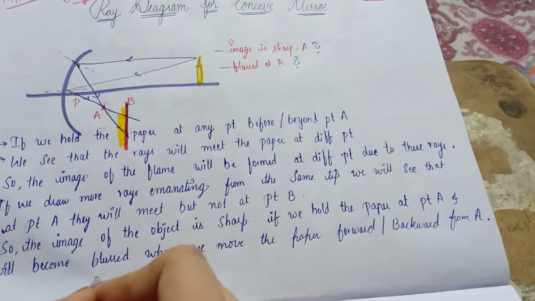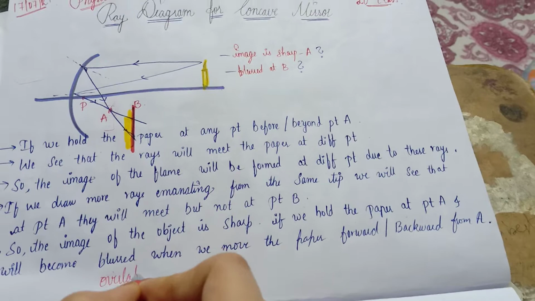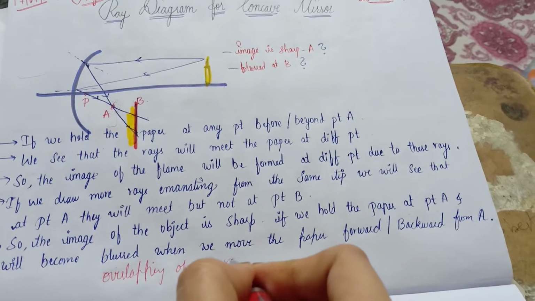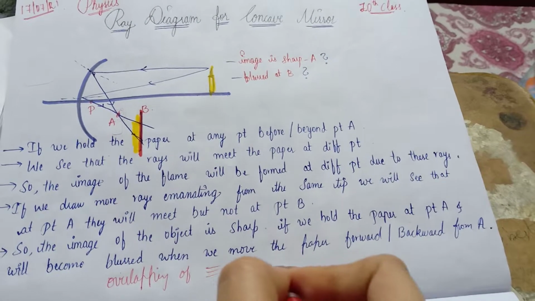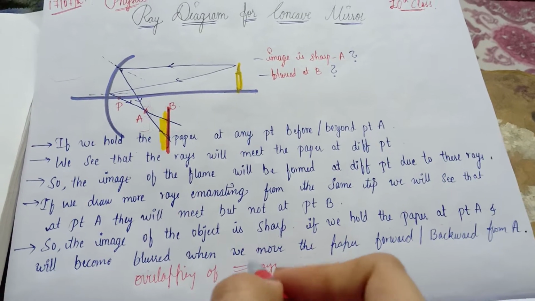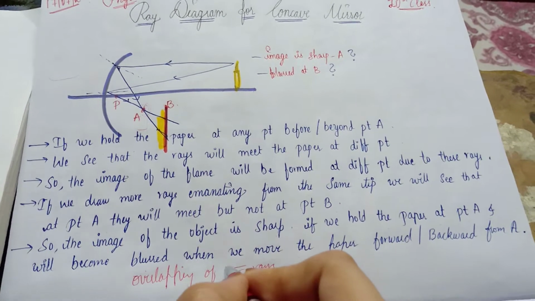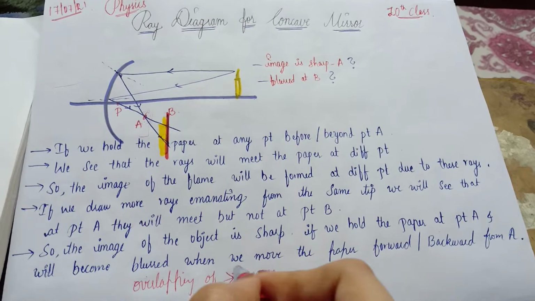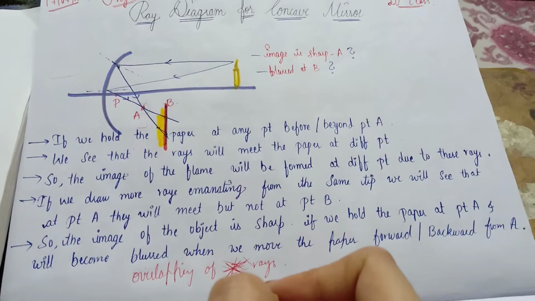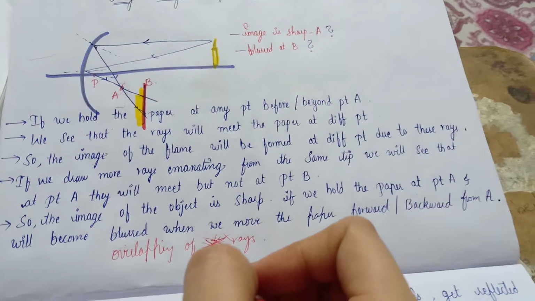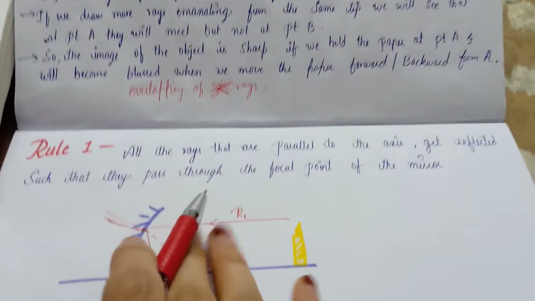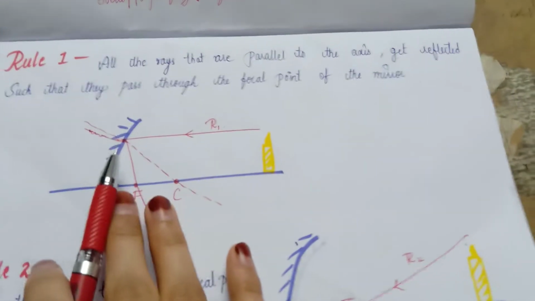Because of overlapping of different rays and different images. What is meant by overlapping? Overlapping means the rays are coming in different directions and overlapping. Okay, clear? And here are some rules that we have to discuss in this topic.